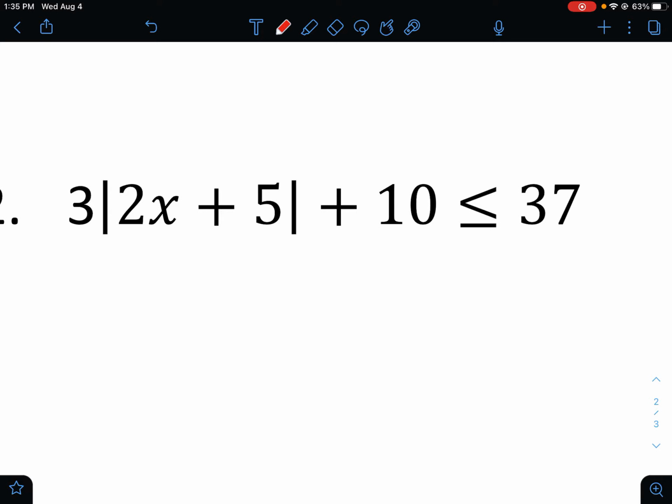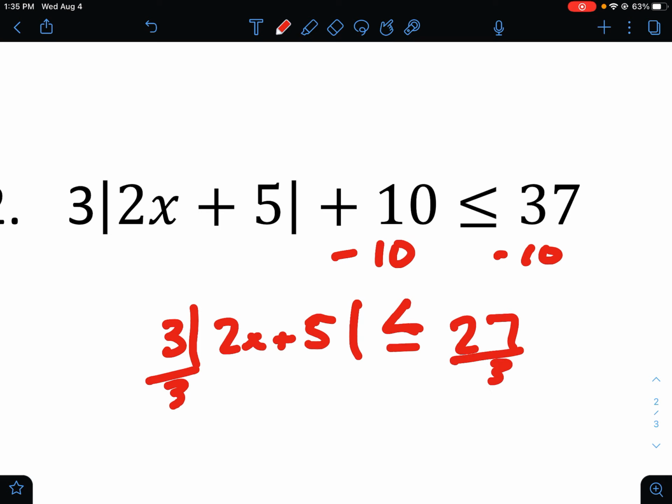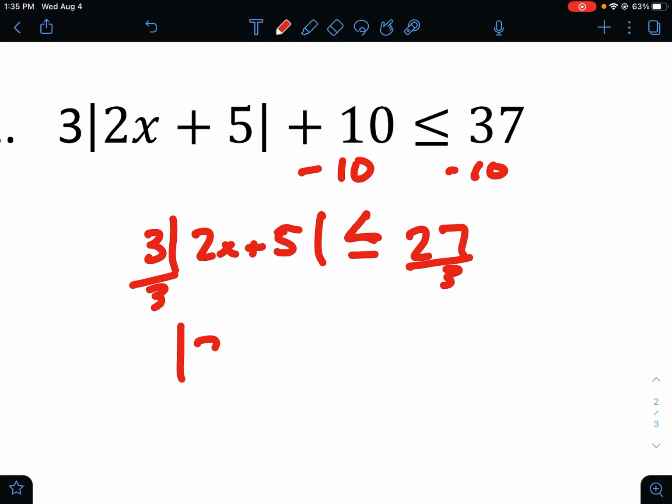Same thing happens here. I do need to isolate the absolute value, so all these things are going to need to be moved over first. Subtract 10. So I have 3 times the absolute value of 2x plus 5 is less than or equal to 27. Then I divide by the 3. So I have the absolute value of 2x plus 5 is less than or equal to 9.